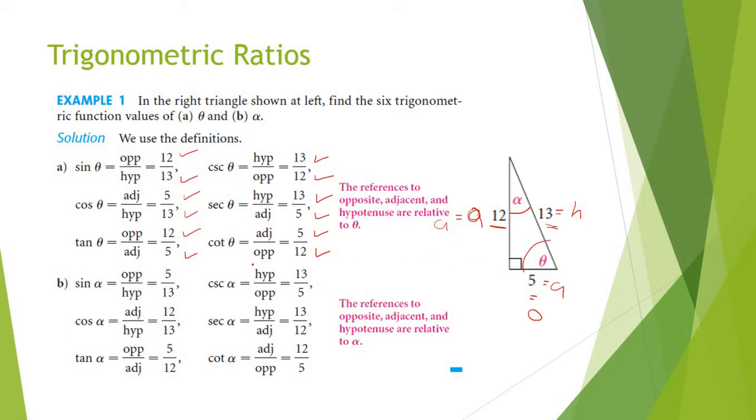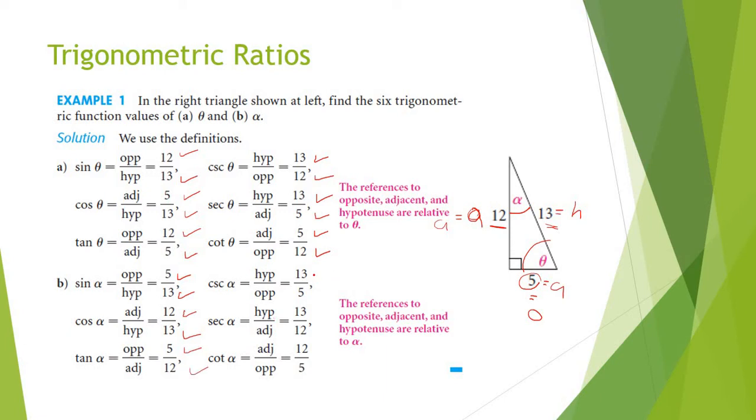So when you're going to get the six trigonometric functions of your alpha, the opposite of your alpha is of course 5, and the hypotenuse is 13. Cosine, the adjacent of your alpha is 12, and the hypotenuse is 13. For tangent, opposite is 5 and adjacent is 12.